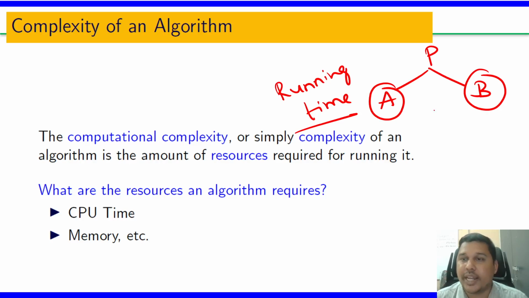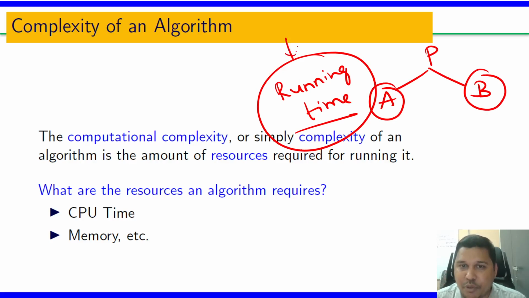Like that, when I have a problem, I have two solutions A and B, with running time A and running time B. How to say which one is best? You find out the running time of both. Whichever is taking less time, we say that particular algorithm is better.